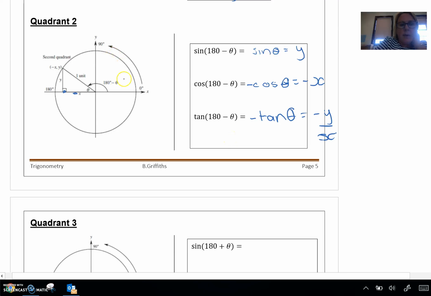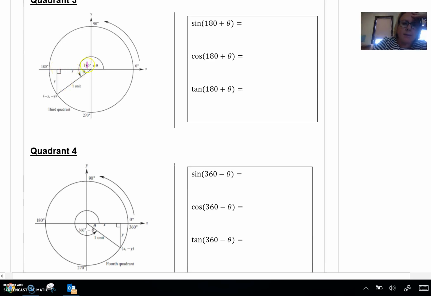So whatever we had here for sine is the same as here for sine. Whatever we had here for cos is the same, but it's negative. Whatever we had here for tan, it's the same value, but it's negative.